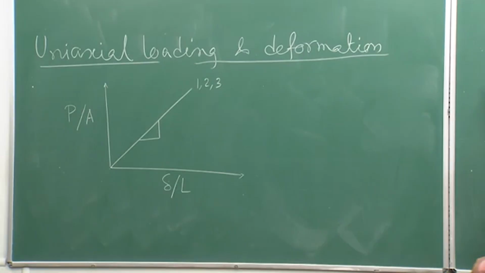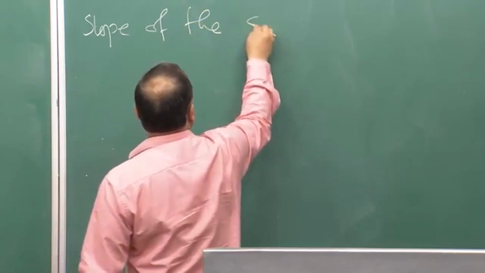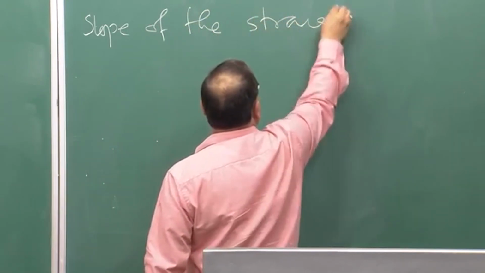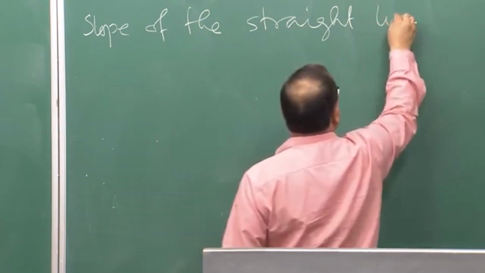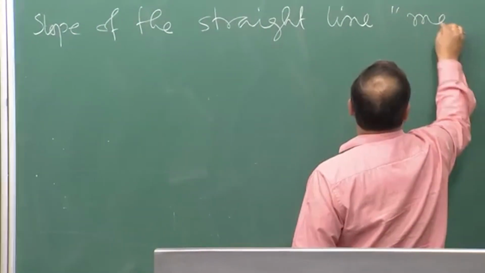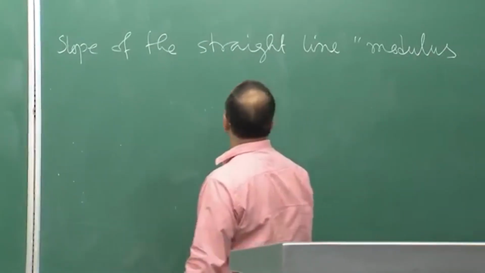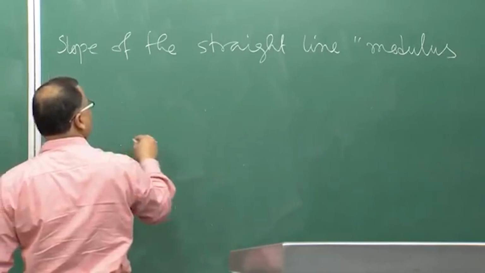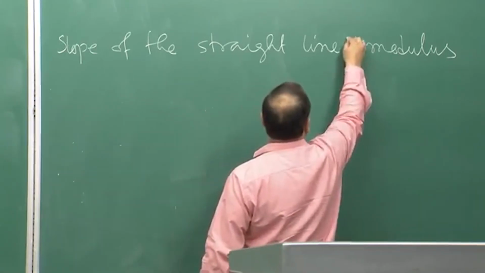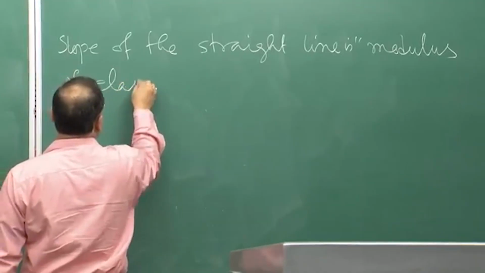The slope of the straight line is known as modulus of elasticity.